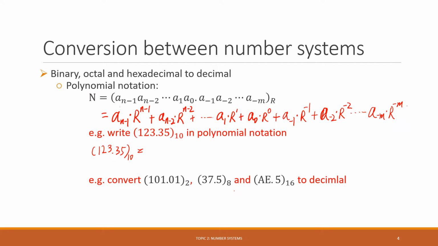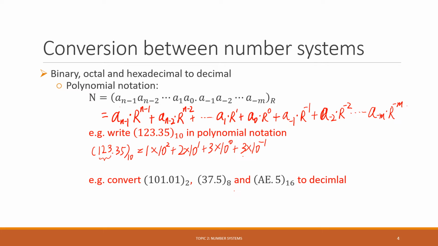Following this, a_(n-1) is 1, so 1 multiplied by the radix 10 to the power of n minus 1. n equals 3 here, so n minus 1 equals 2. So 1 by 10 to the power of 2 plus 2 by 10 to the power of 1 plus 3 by 10 to the power of 0 plus 3 by 10 to the power of negative 1.